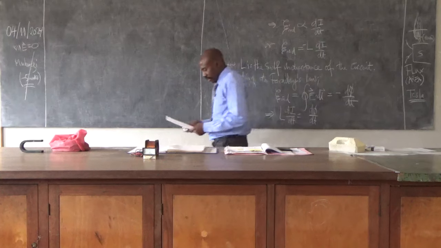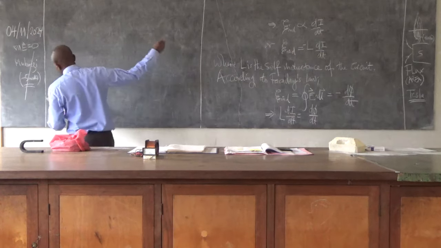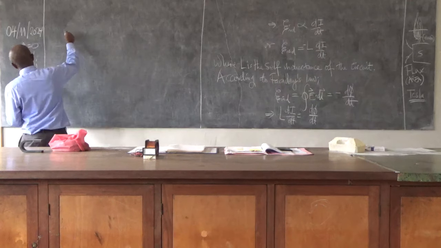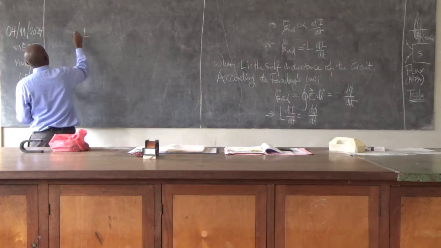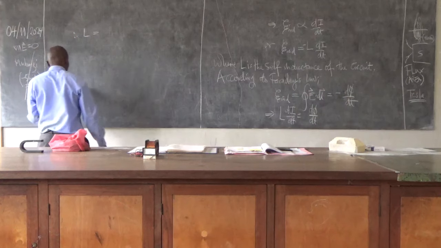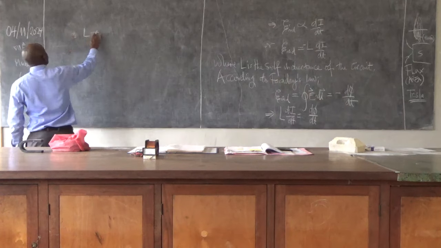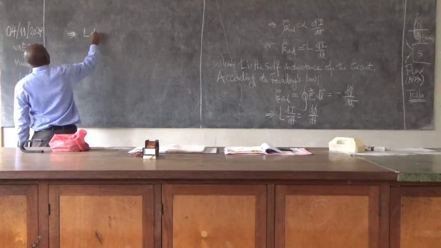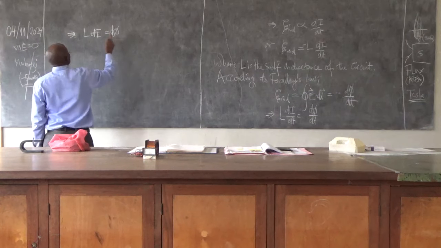So the dt's go, and this would imply that L di equals d phi.